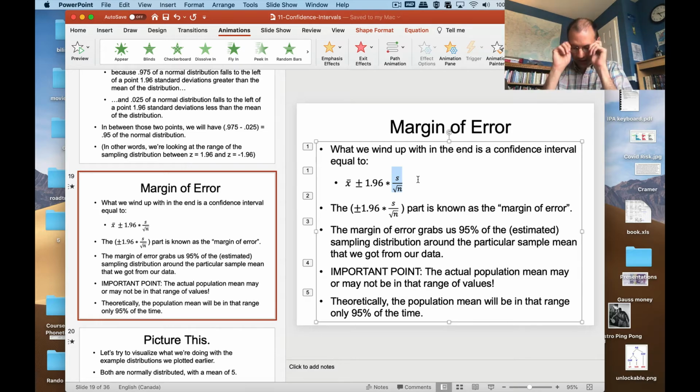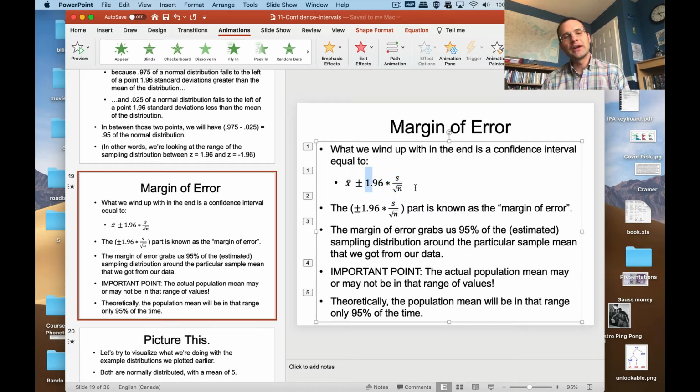There are a lot of things being conflated into one here, but hopefully this clarifies where some of the terminology comes from. I'll preface this again by saying I'm not actually a statistician, and I don't know all the history of this, but this bit here is called the standard error, and this combination is called the margin of error.